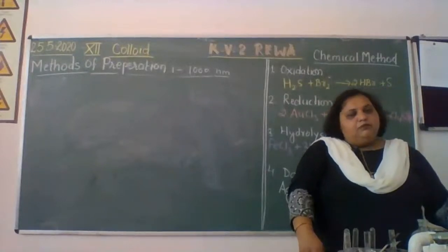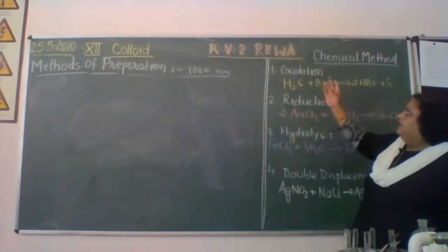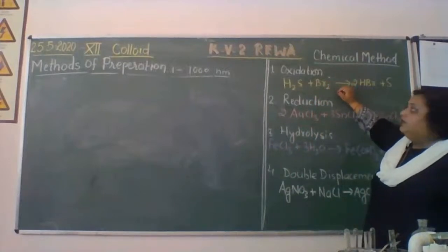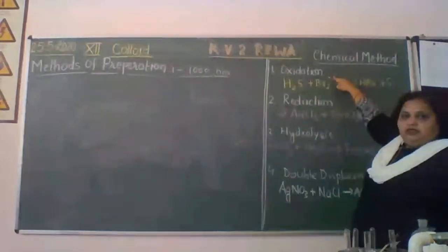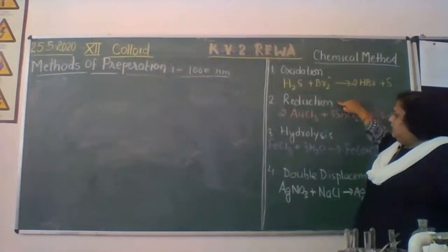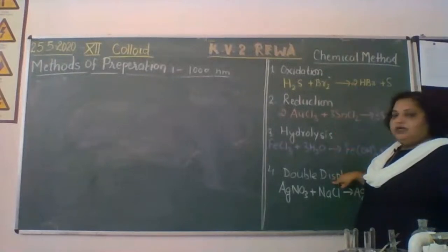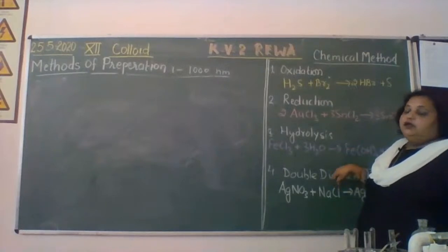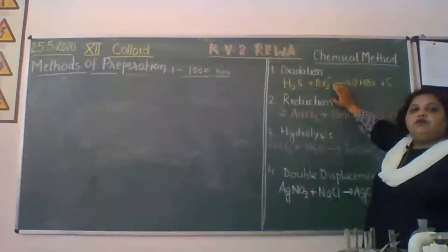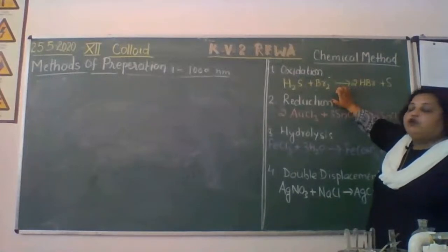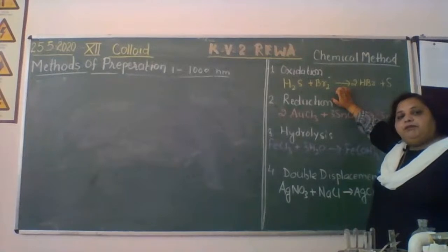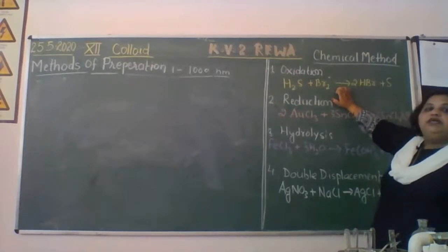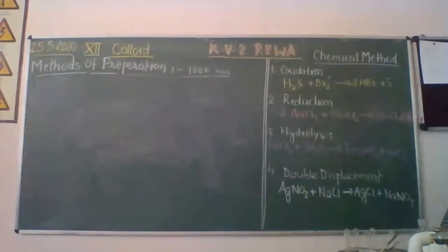I think some terms I have written here, you're already familiar with. Oxidation, reduction, hydrolysis, double displacement or double decomposition. These kinds of reactions can be used for the preparation of the colloidal solution. We can prepare colloids by different chemical methods also.